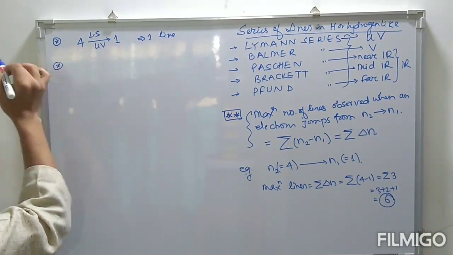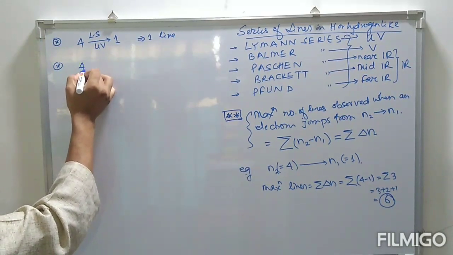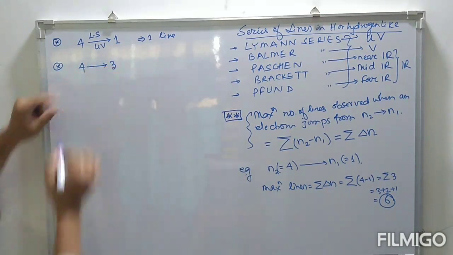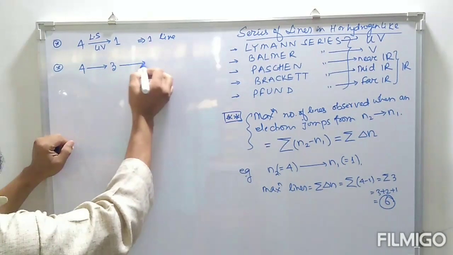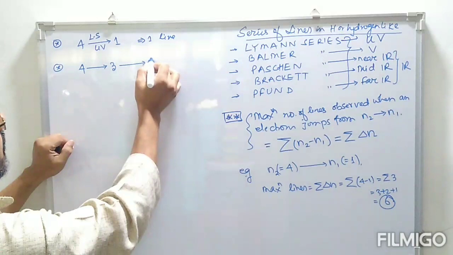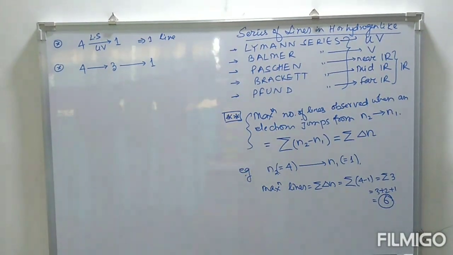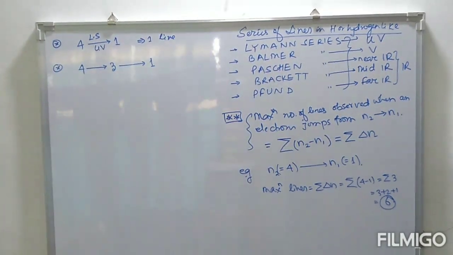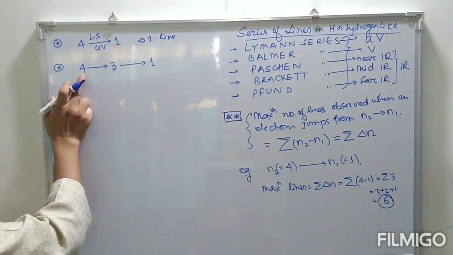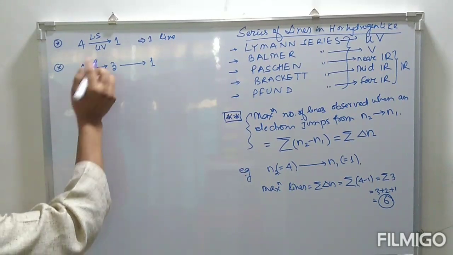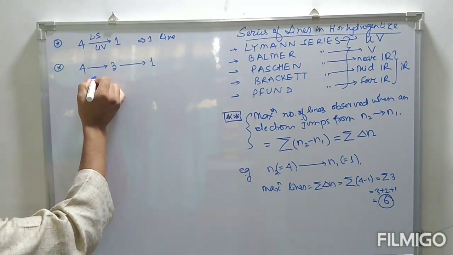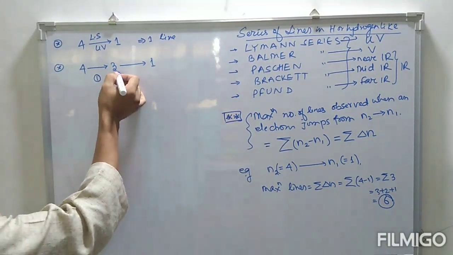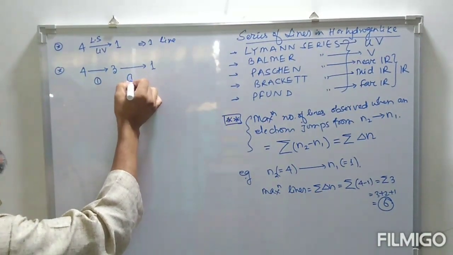Now the second possibility is the electron is coming from 4 to 3, then 3 to 1, this is also possible. Now the electron comes from 4 to 3, then directly 3 to 1. The electron coming from 4 to 3 will have one line, so one line is possible here. The electron coming from 3 to 1, again one line is possible.